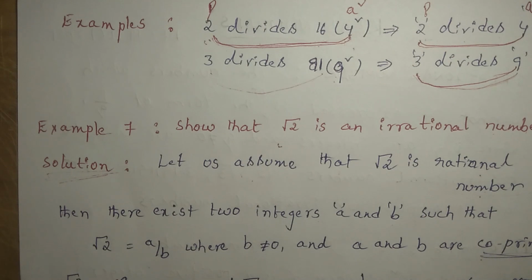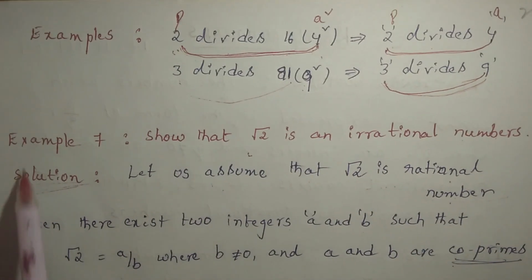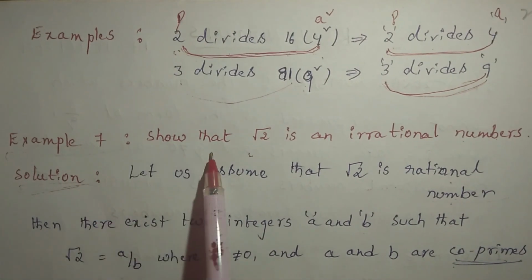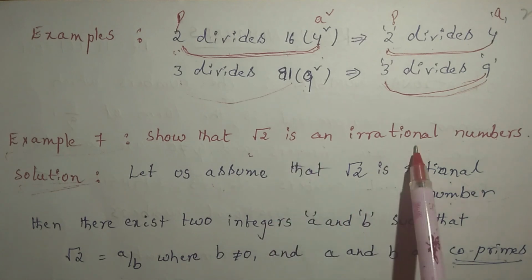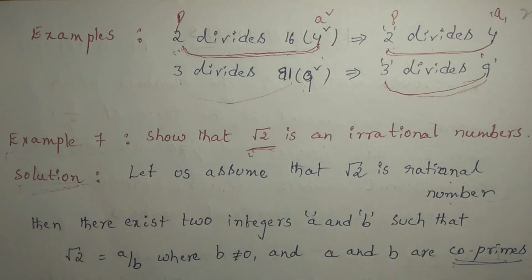What is that method name? Contradiction. Now we take one example from our textbook, example 7. Show that root 2 is an irrational number. So, can you solve this problem?